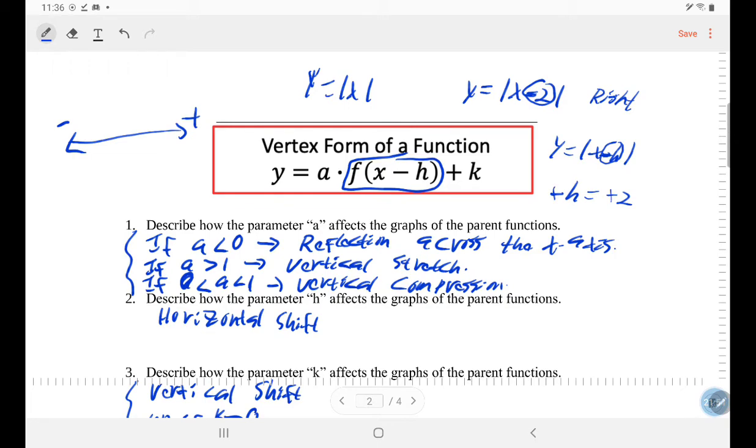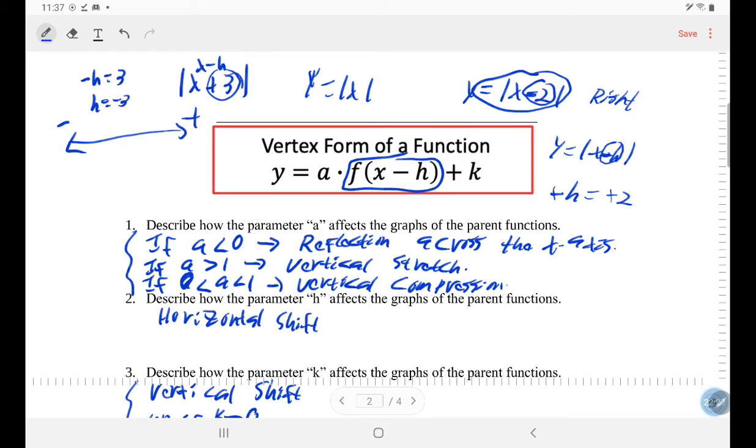So an easy way to think of it here is this. Whatever sign you see on the inside, your mind's telling you if it's minus, I go to the left. Except no, it's not exactly that way. It actually goes the other way. So the actual value of h is what you get, like if I had absolute x plus 3. You go, okay, plus goes to the right. No, remember this is x minus h, so negative h is 3, so h is actually negative.